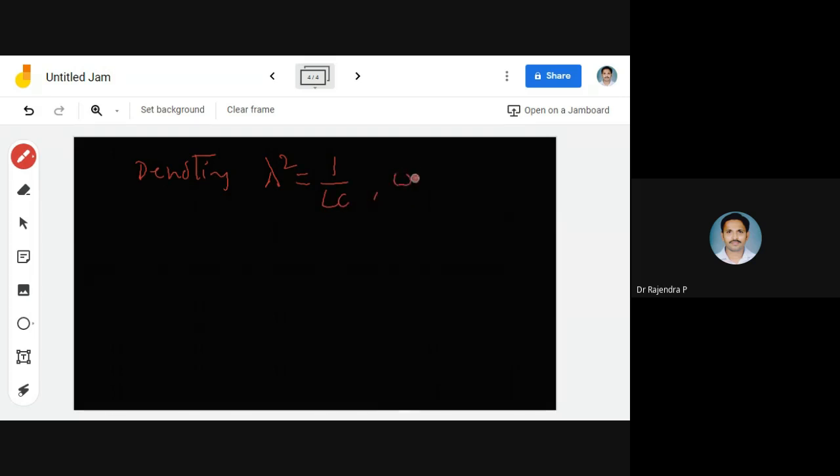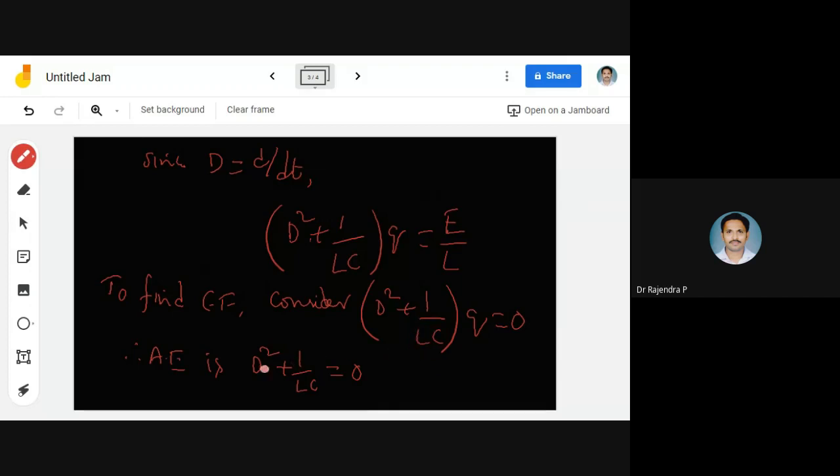Actually it is better to introduce this here itself before taking the auxiliary equation. Better to introduce this, so I will rub this. Denote lambda square is equal to 1 by LC.